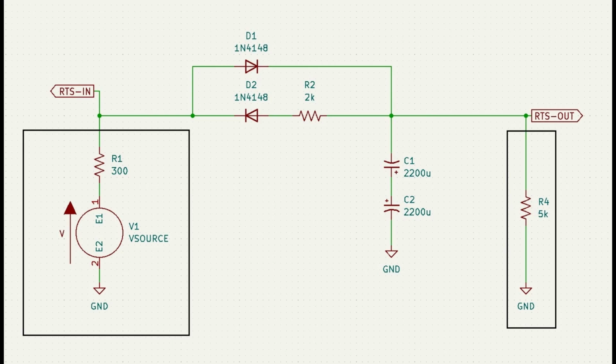But they have a source impedance of about 300 ohms, and that will affect the timing of the circuit. As you see, you have Rs and Cs, you get RC time constants, etc. And then on the right, this is RTS out to the modem, and the input of the line receiver is spec'd at about 5K ohms.